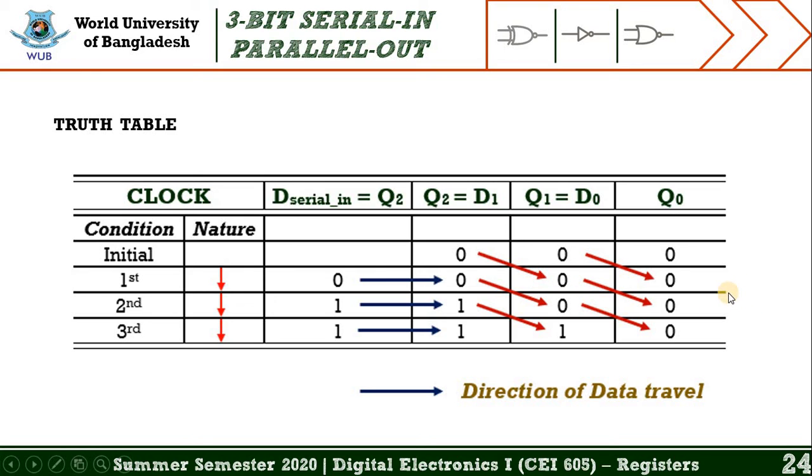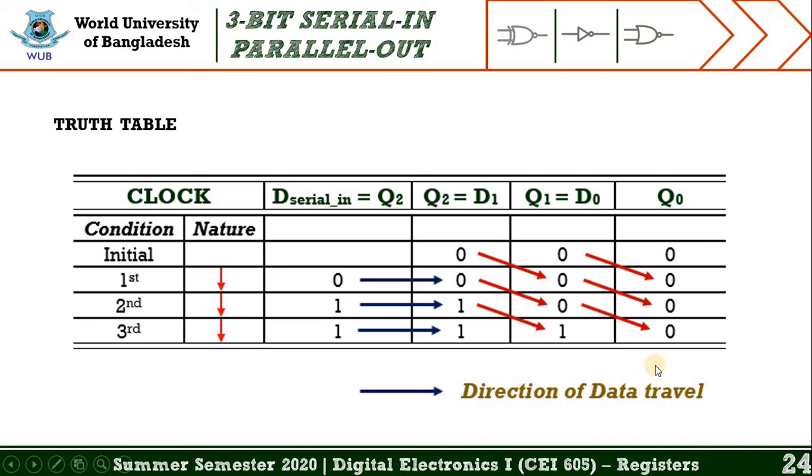I hope you don't have any confusion regarding this. In this way, the second condition and the third condition follow. So that's all from the truth table of 3-bit serial in parallel out.